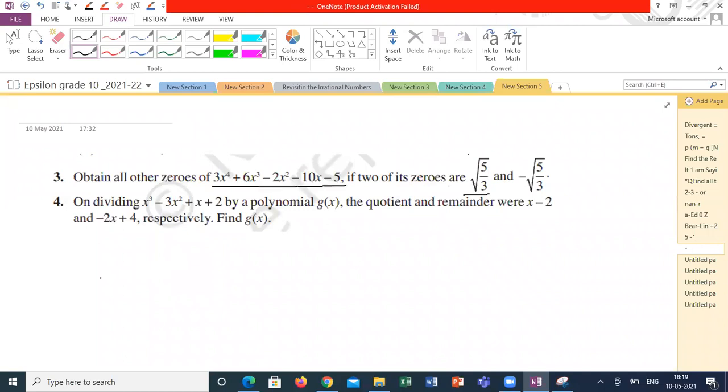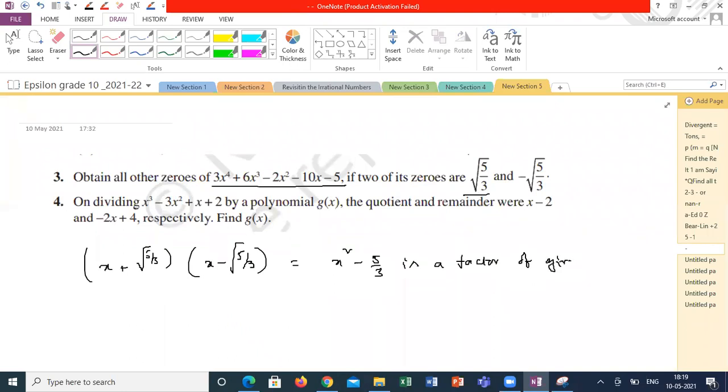They are giving the two zeros, x plus root of 5 by 3 and x minus root of 5 by 3. Both are factors. From here, x square minus 5 by 3 is a factor of the given p of x.